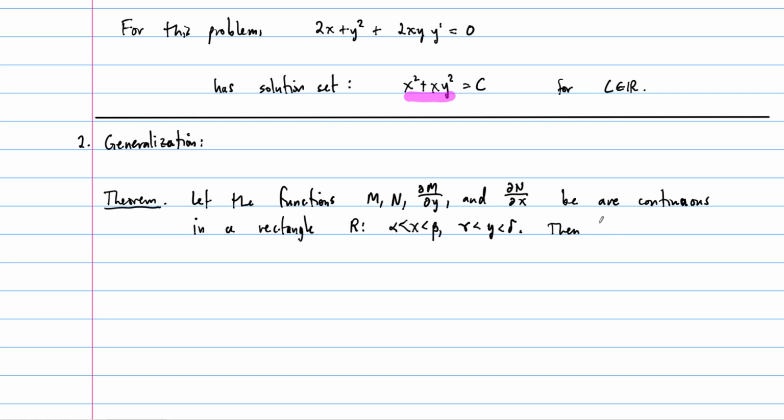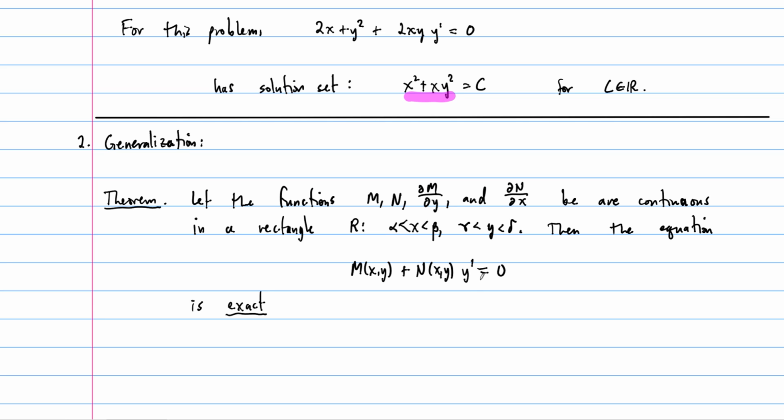Then, in this case, the equation is exact. I'll interpret this, but it means we can apply the logic that we just used. So the equation is exact. Let me write the equation first. The m and the n are going to play a role in our equation. So the equation is m of x,y plus n of x,y times y prime equals 0.